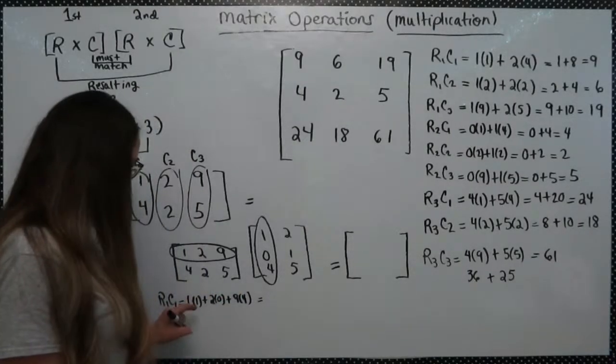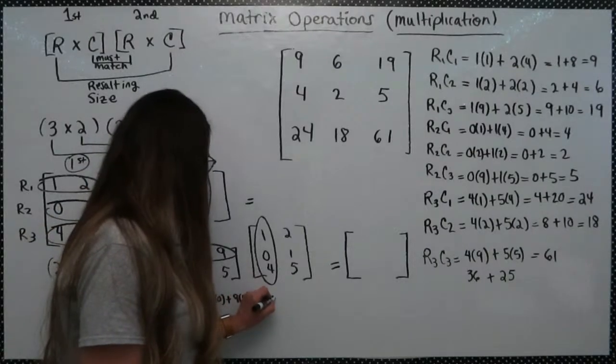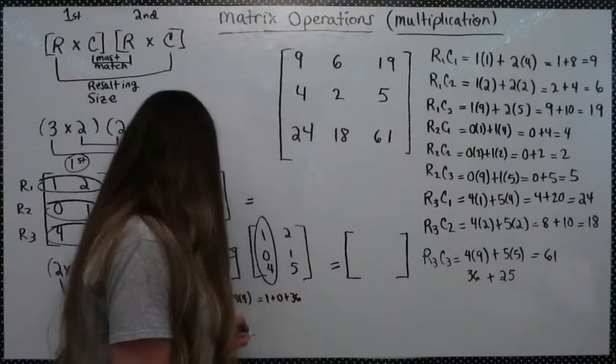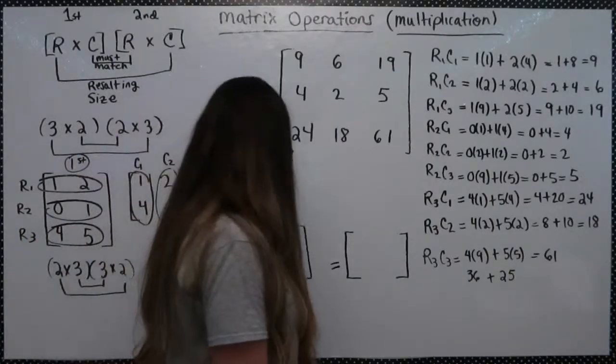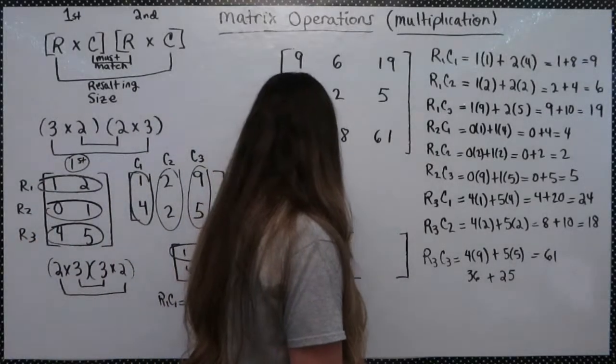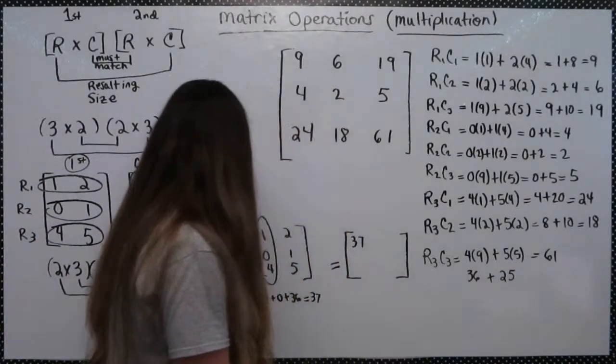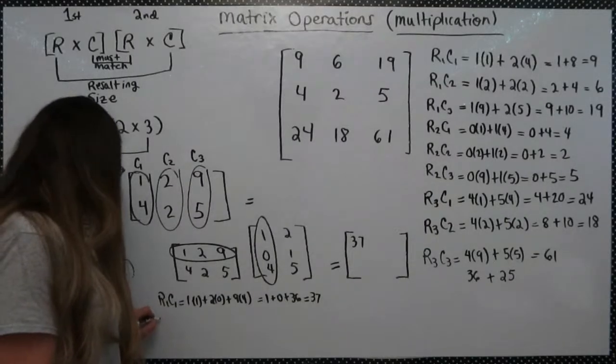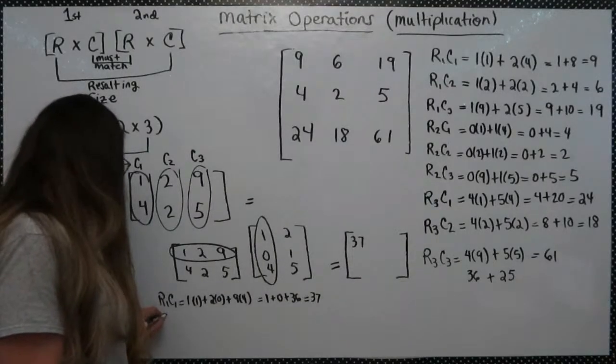And we have 1 times 1 is 1, 2 times 0 is 0, and 9 times 4 is 36. So that first position is going to be 37. See how different the matrices are depending on order. That's why order matters. It's an entirely different matrix.